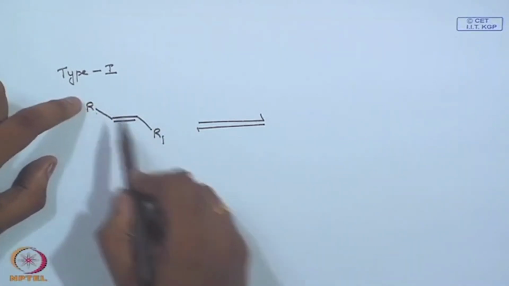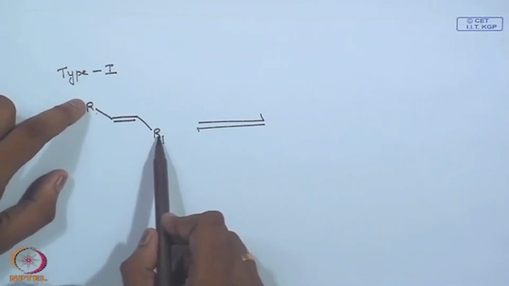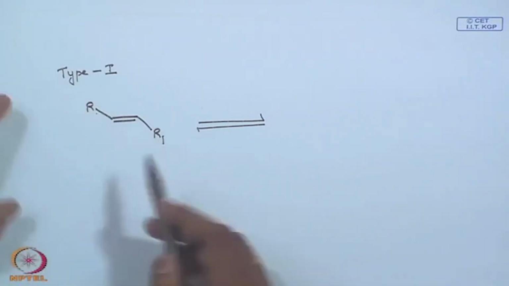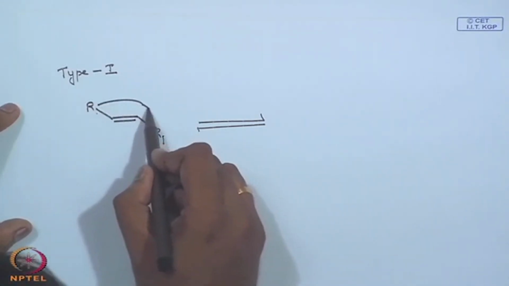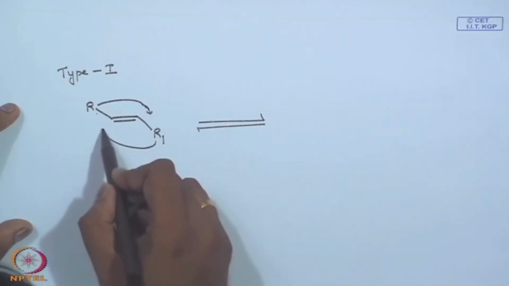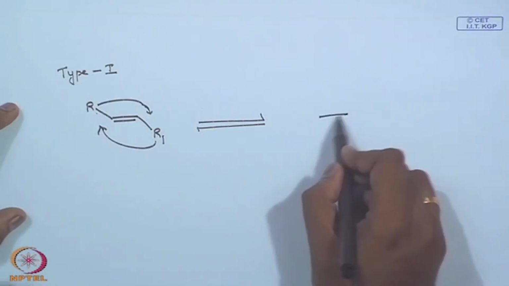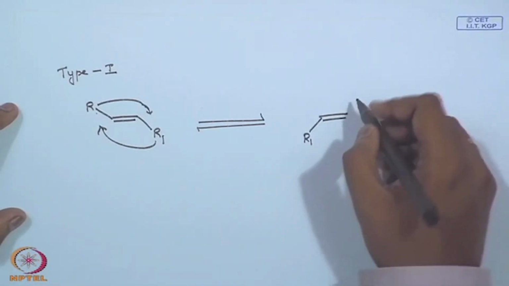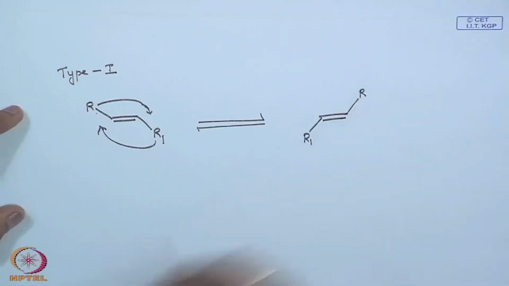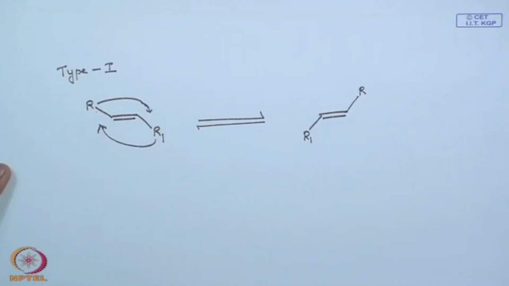The type 1 definition says the two migrating groups should interchange each other. So, basically I get a product with R1 and R, an interchange of the two groups.